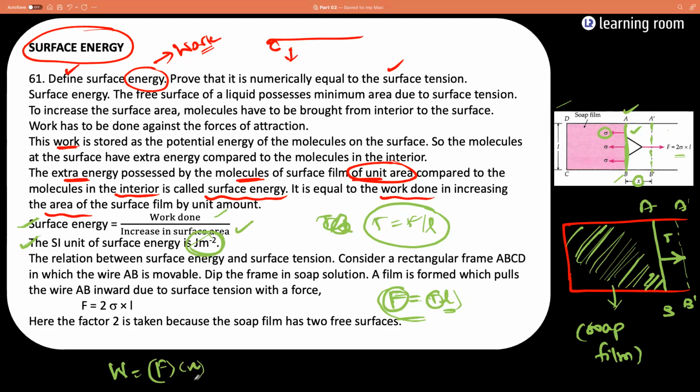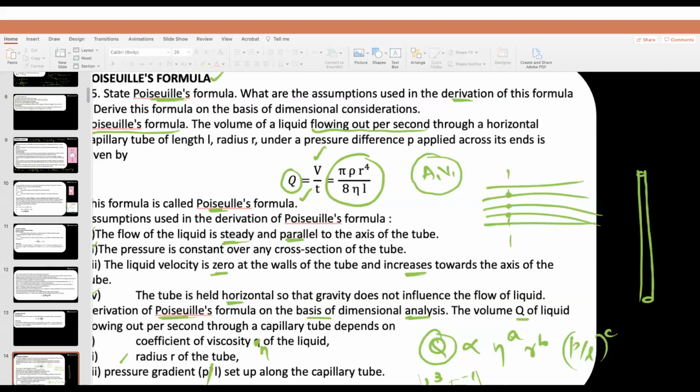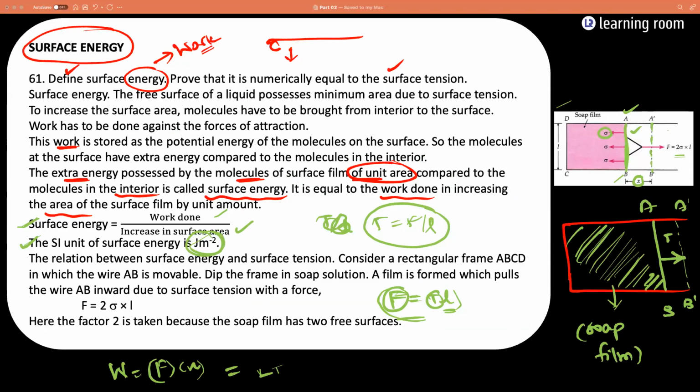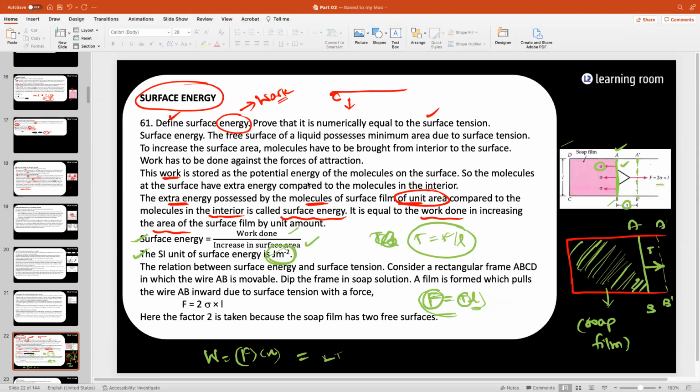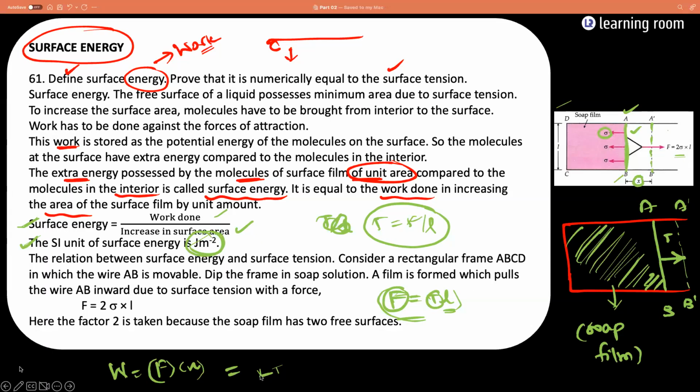Work done is equal to F into X, where F is going to be equal to 2 into... how to make it right? One minute.